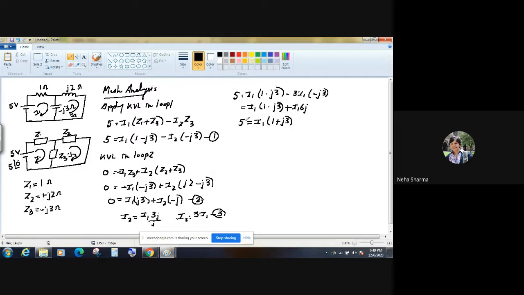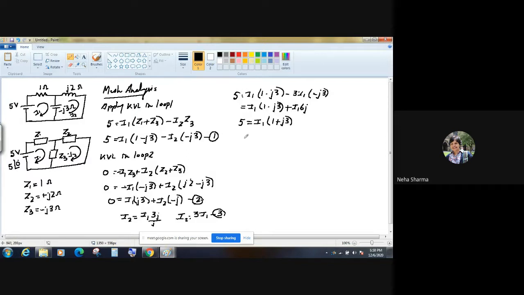Is it fine? I hope all of you are getting an equation like this. If there's any problem, please write so that I know. Here it's a negative and a negative, so the negatives have gone and we are left with a positive.